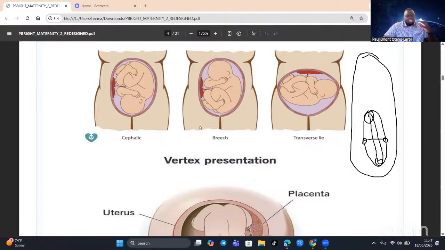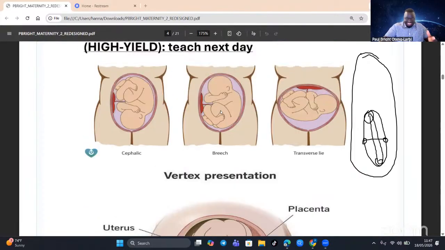When it is horizontal presentation, we have the cephalic, the head coming. Then we have the buttocks, or whichever way, the breech presentation. Yes, this baby is horizontal, but they are presenting part.